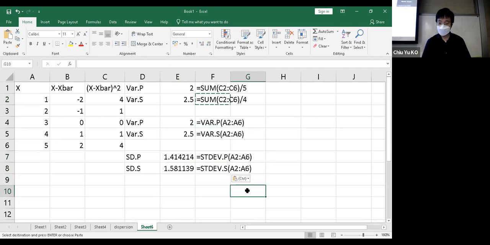I'm not going to repeat how you can derive it from there because I hope that's something you know. That's how you do the SD.